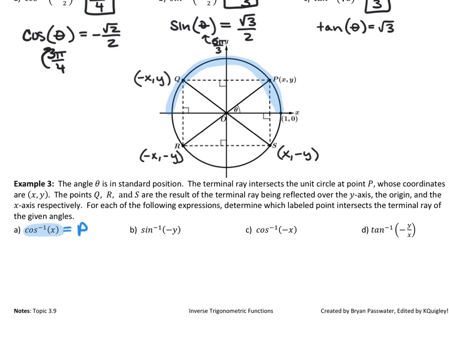My next question for you, if I ask you arc sine of negative y, there's only 2 quadrants where this can appear. Which 2 quadrants can sine appear in? Sine can only appear in quadrants 1 and 4. So which one of those has a coordinate point of negative y?